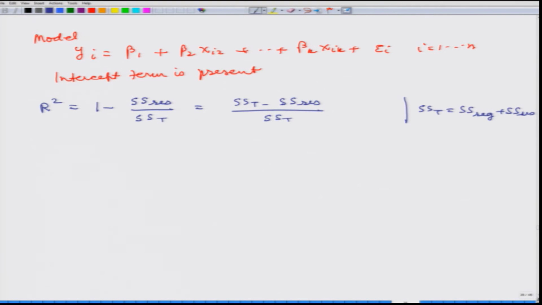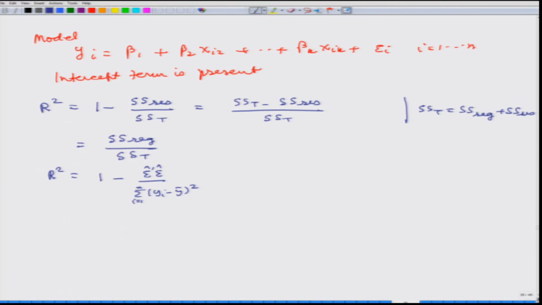Using this relation, this can be written as SSReg over SST. So the expression for R square is 1 minus SSRes, that is epsilon hat transpose epsilon hat, divided by the summation i from 1 to n of (y_i minus y bar) whole square. Now, the question comes, how do we ensure that this definition of R square is giving us what we want? If you see in a good model, what will happen?